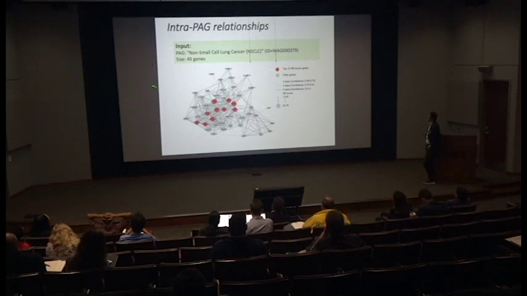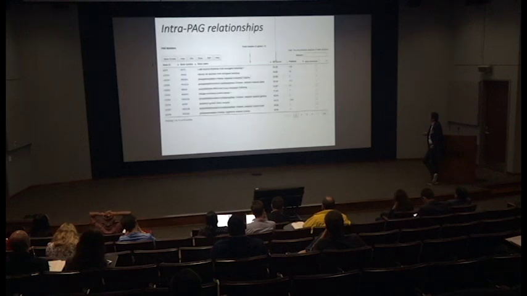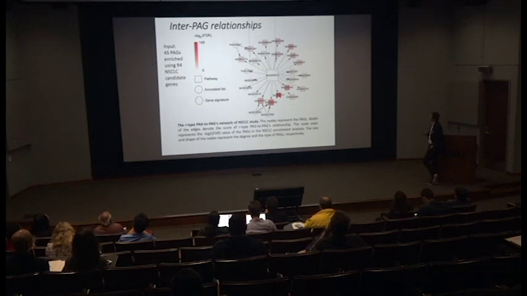We also combine it with our ranking algorithm, looking at the centrality of these genes and mapping them, so you not only see the connections, but also see the major connected hubs. And they're all done within one simple query. And then you can also look at the inter-PAG relationships with your queries. Once you zoom into a particular PAG, you can look at all of the neighboring upstream or downstream regulators of the original query ones.